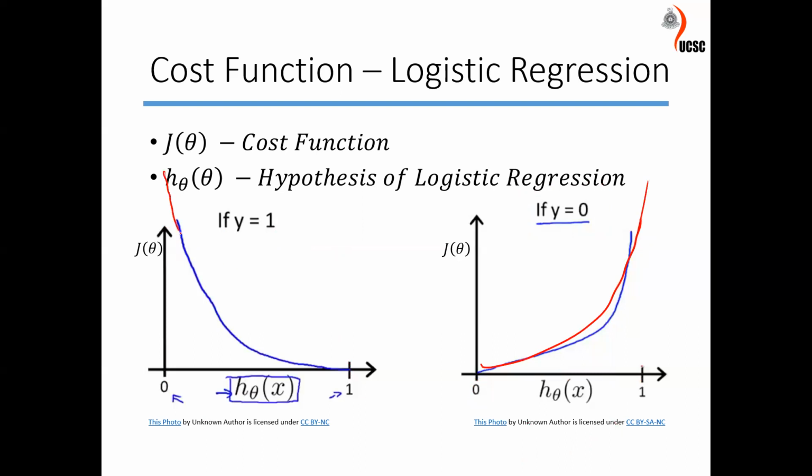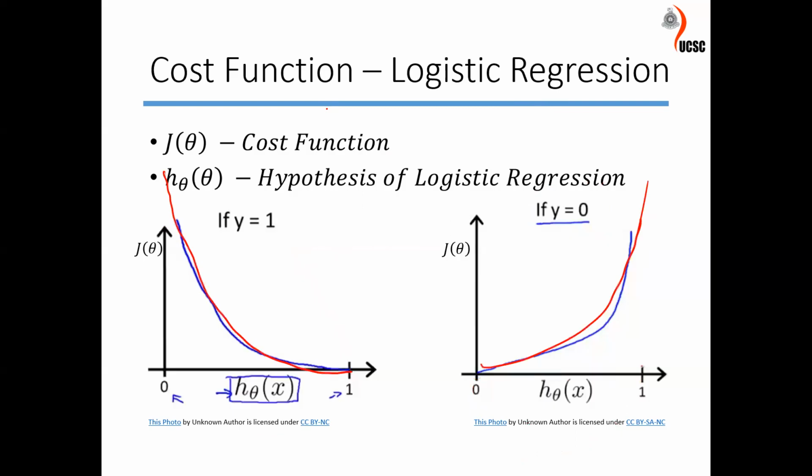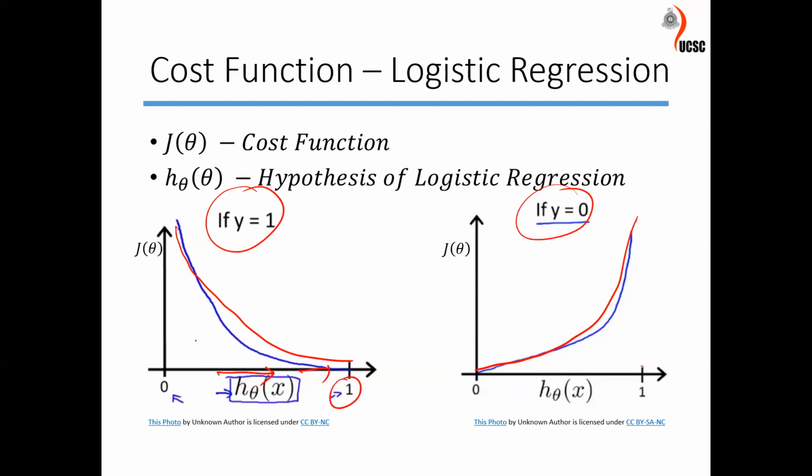If our y equals 1, we should consider this log function. So that is the basic idea. You have two log functions, and for particular classes we are using two different log functions. For one log function, if y equals 1 and you go towards 1 here, the cost will reduce.